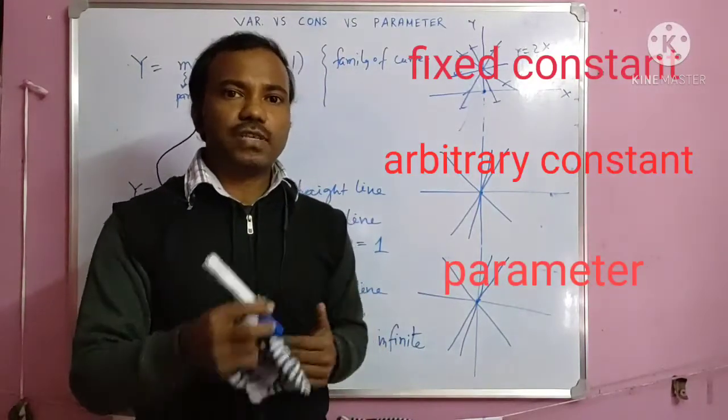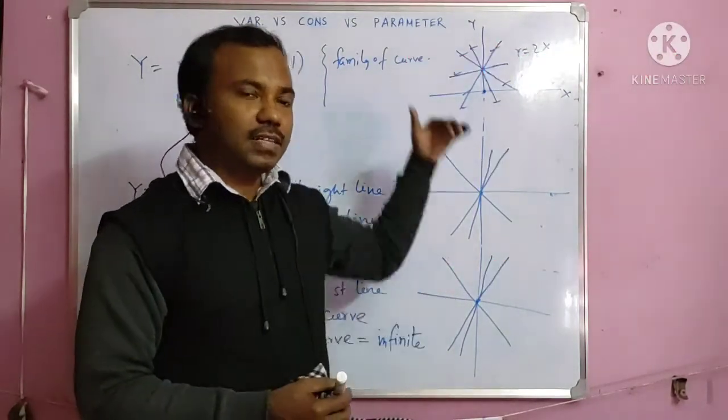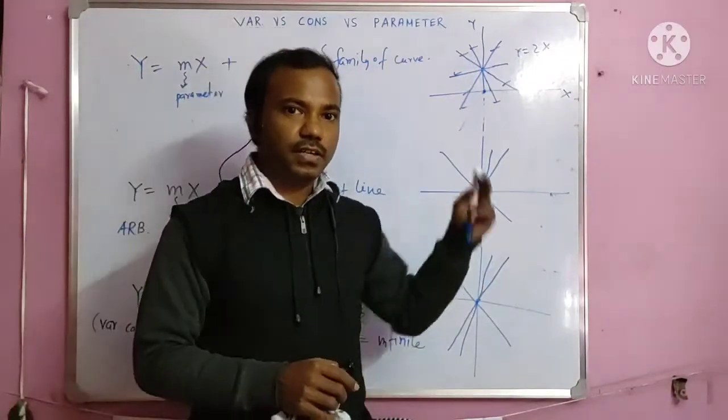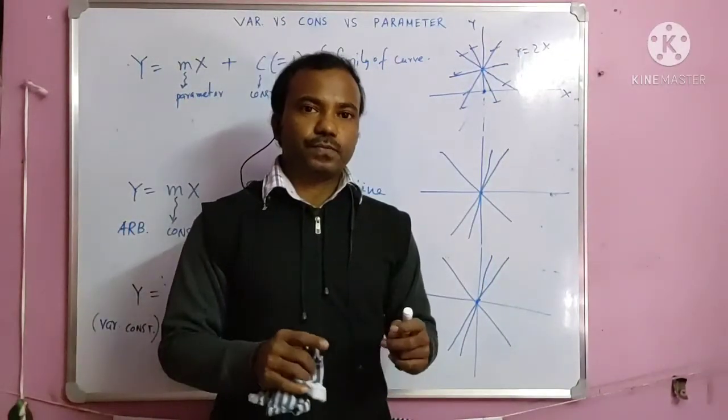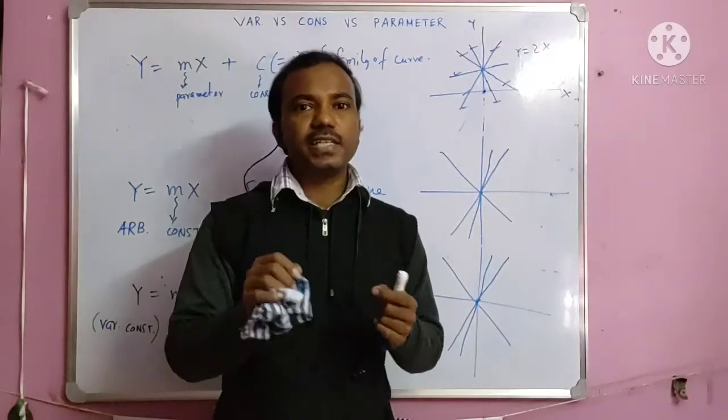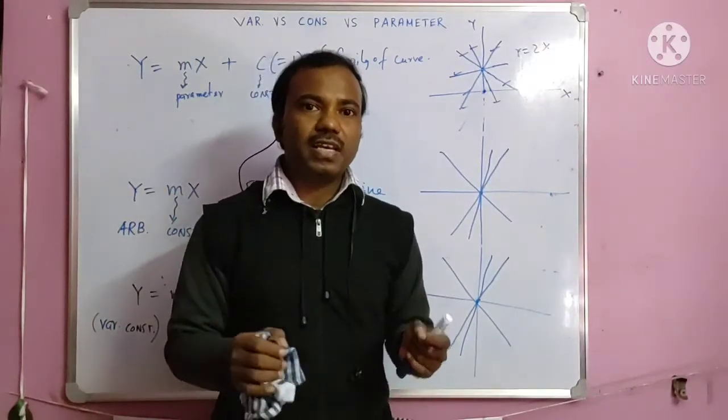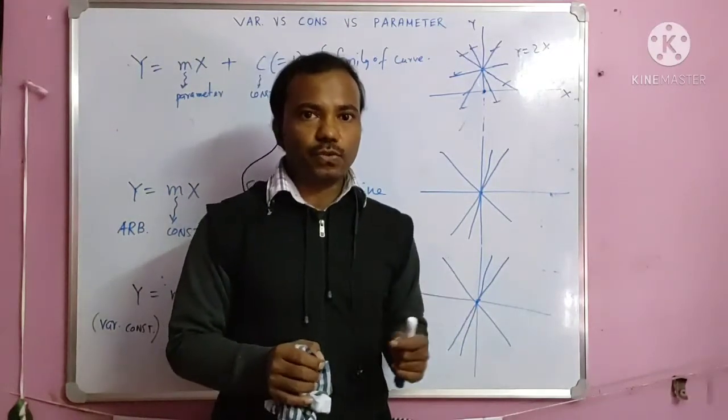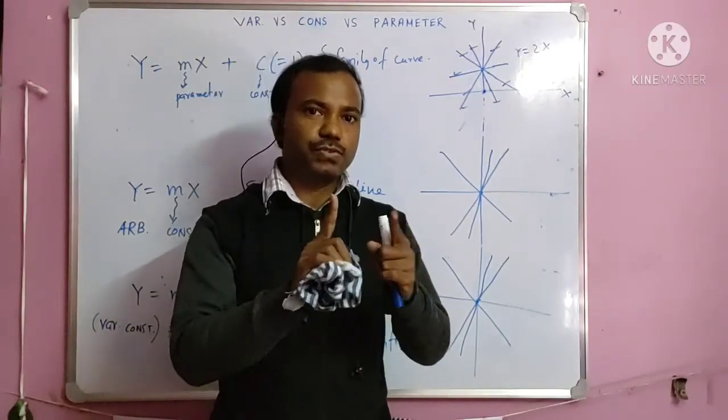Let me tell you something so that you can memorize these three things step by step. Suppose you are sitting in your classroom and your teacher is standing at the door. I will give you three situations.